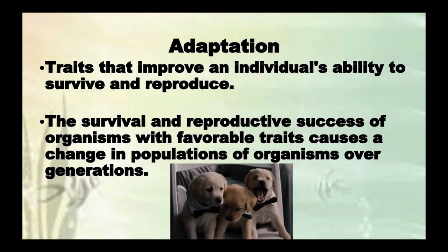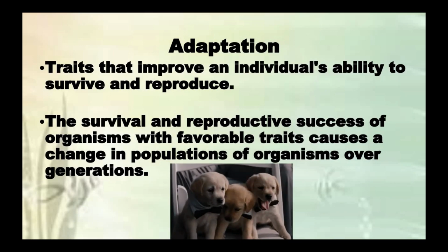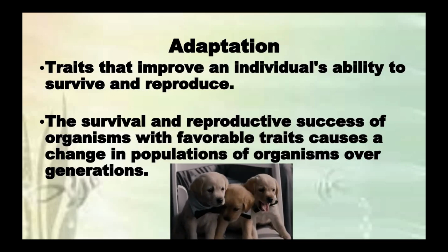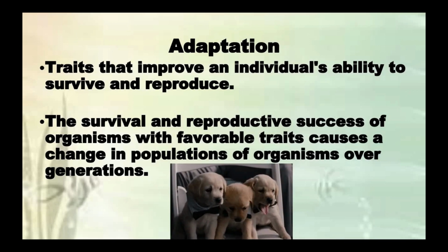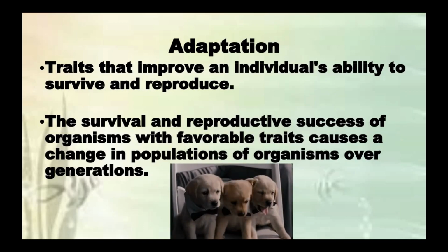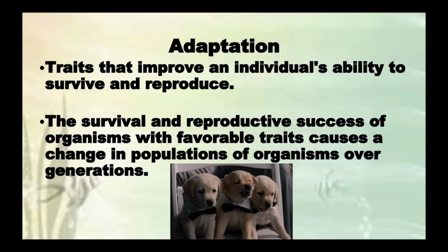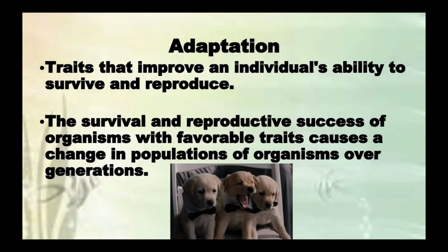So as we look at different things, if we look at Labradors, if breeders only bred for yellow labs, over time we would have a lot fewer black labs. So that would be an adaptation based solely on human interaction, human consequence. But it also happens in nature, and we'll look at that throughout the year as well.